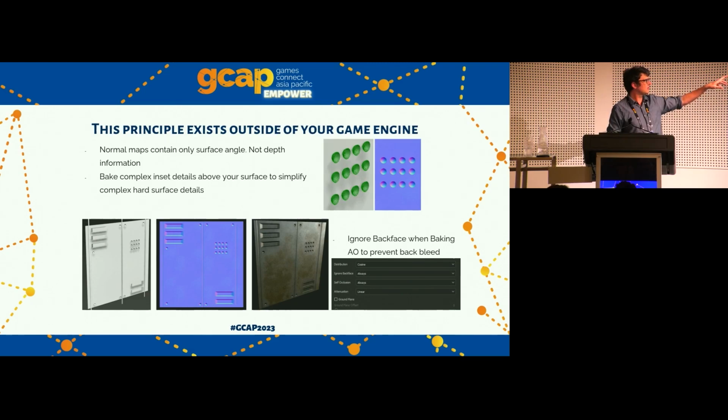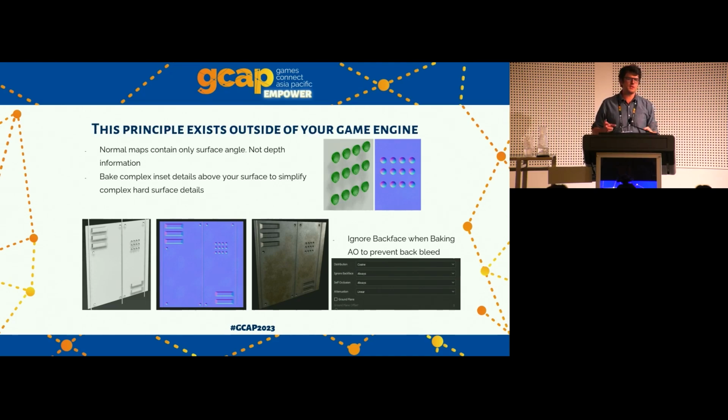You can bake normal maps and ambient occlusion and a whole lot of other things with pieces of geometry that are floating meters in front of the surface that you need to bake it into, without constructing the complicated geometry that you need in order to do those insets. And it can work on quite complicated models so long as you know the part that you've extracted from it.